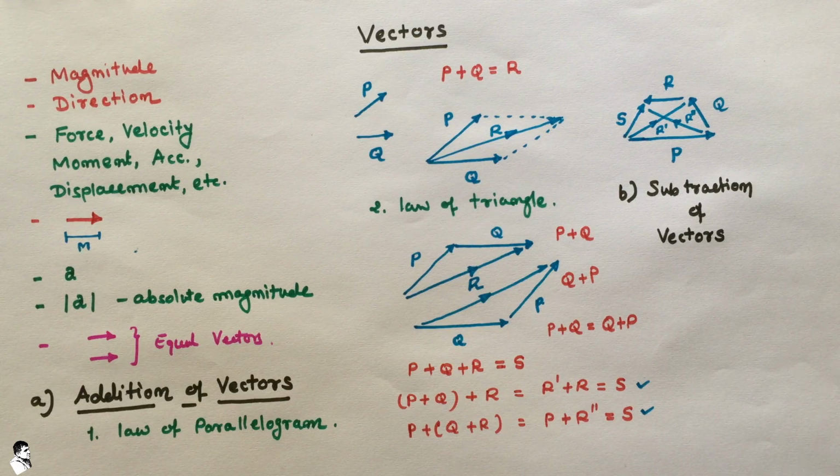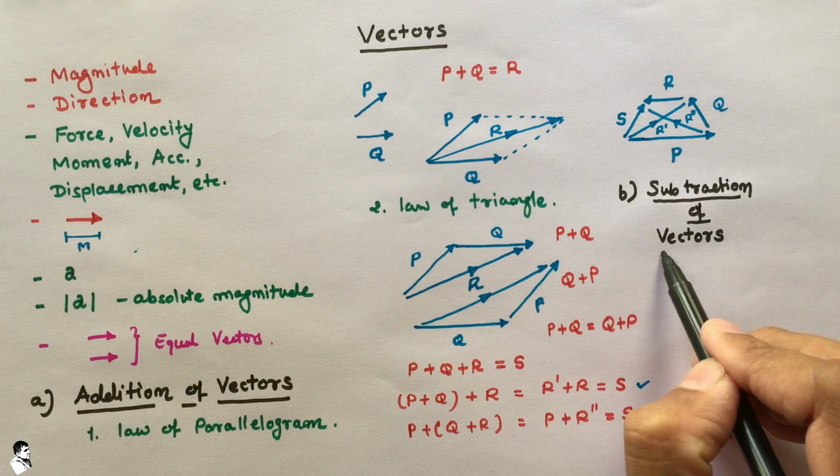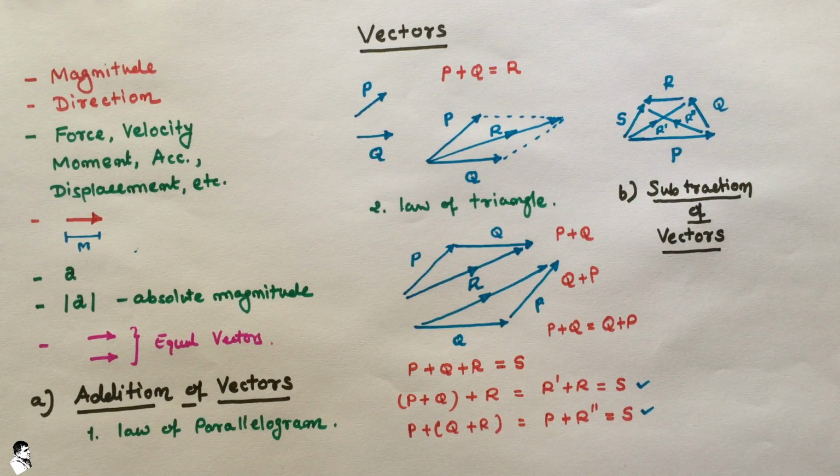So in this, let us assume that we have P and Q as the two vectors, and vector Q is to be subtracted from vector P, or in other words we can add a negative vector Q to vector P.